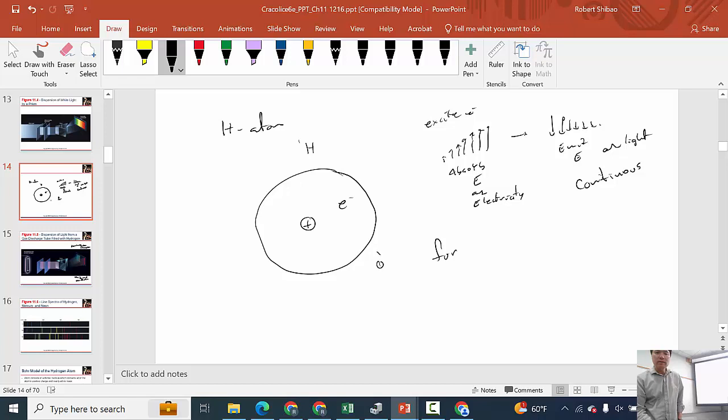And what was observed is this discontinuous spectrum, which we call the line spectrum. The line spectrum implies that there are forbidden and allowed energies for the electron. And the question comes up, why?